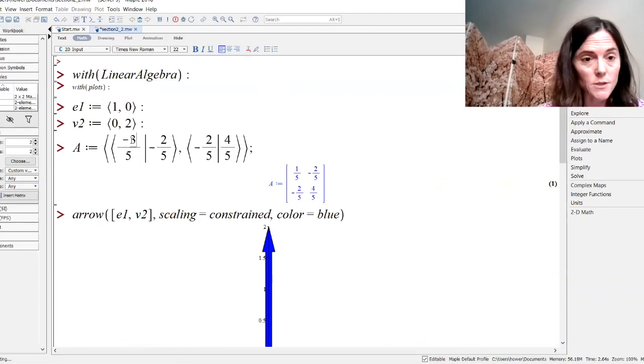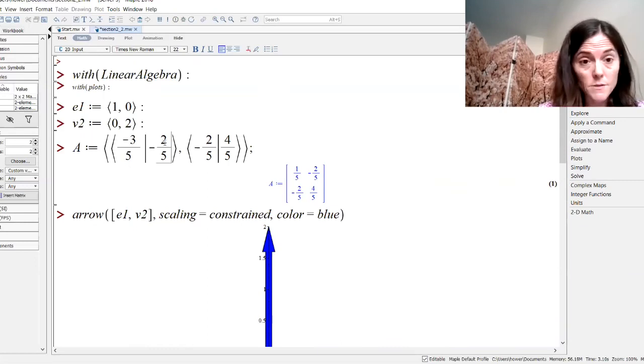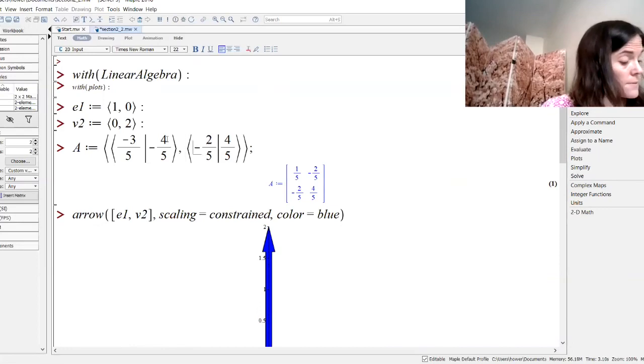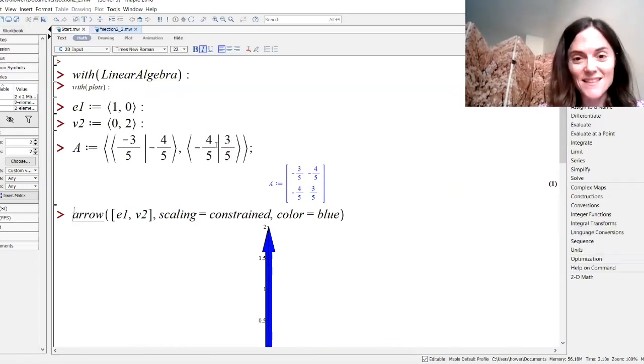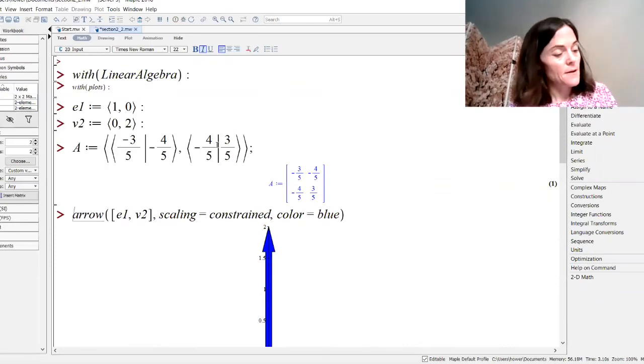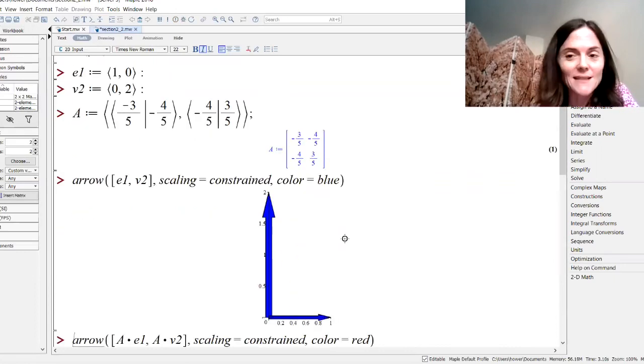This was minus 3/5, minus 4/5, then minus 4/5, and 3/5. Let me make sure we had minus 3/5. Okay, so this matrix should be reflecting about that line that we just projected on.